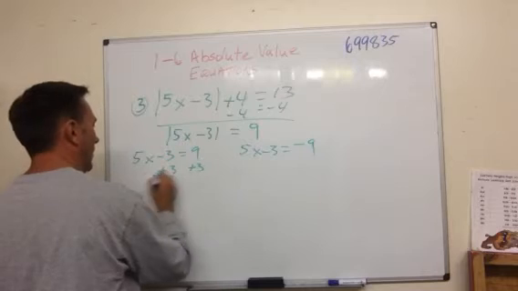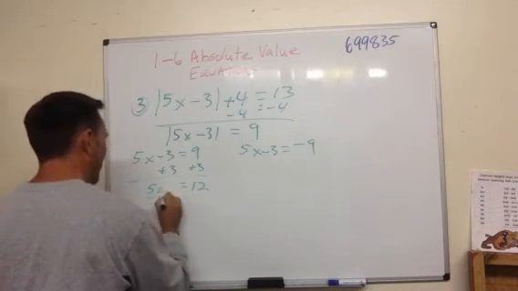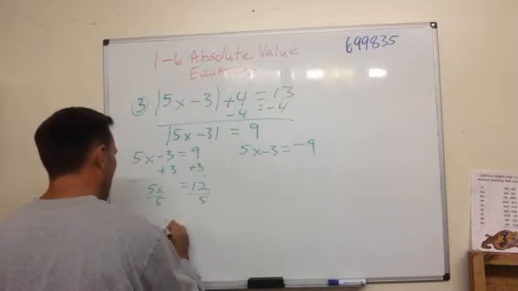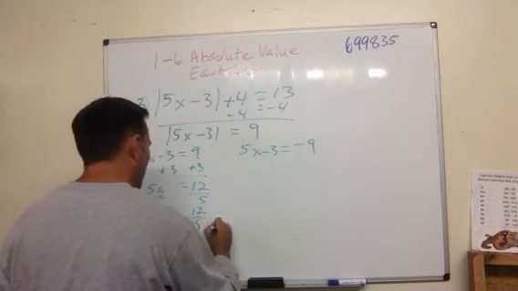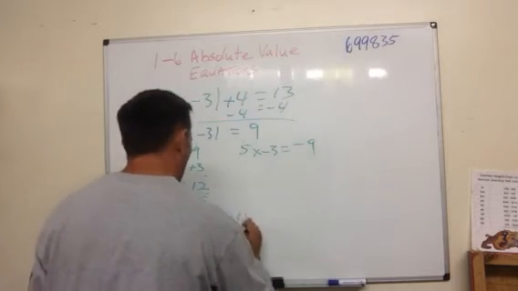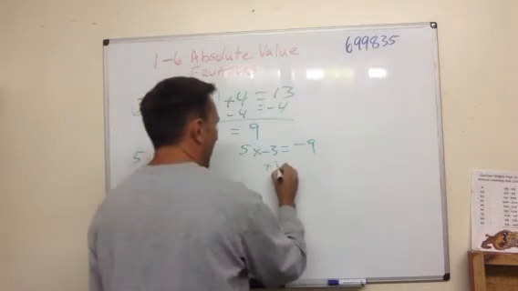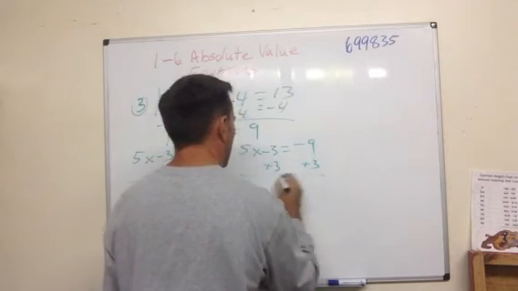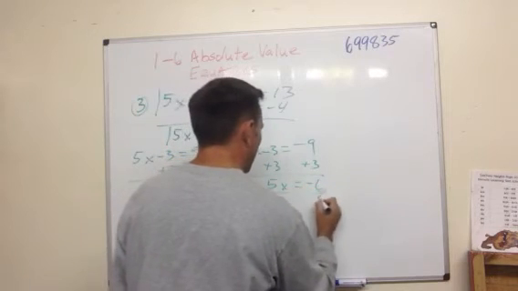And we solve. Add 3 to both sides. Divide by 5. We have 12 fifths, or if you want to rewrite it, 2.4. Over here, we add 3. 5x equals negative 6.